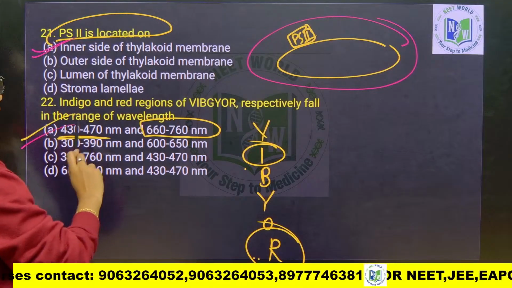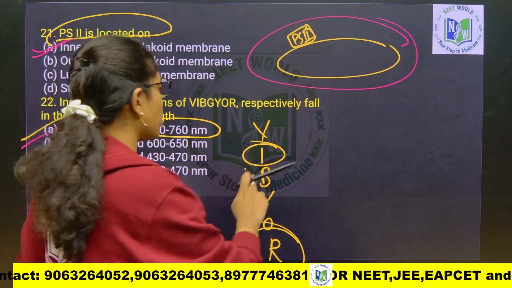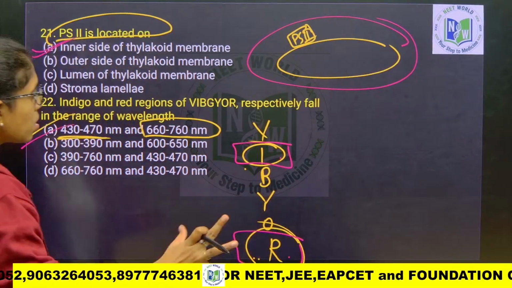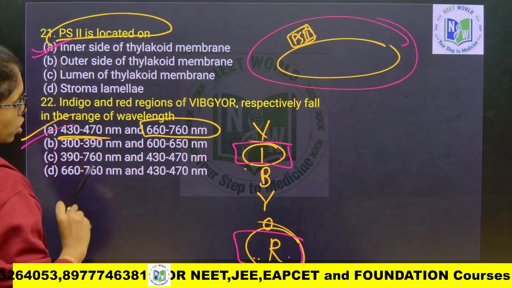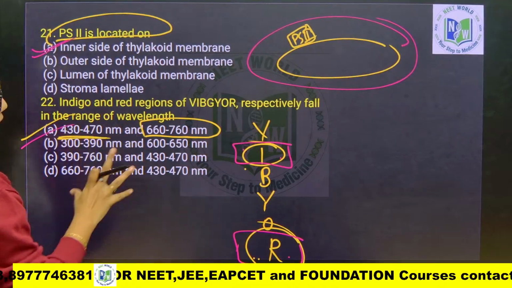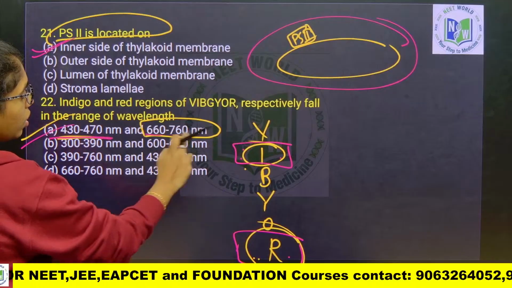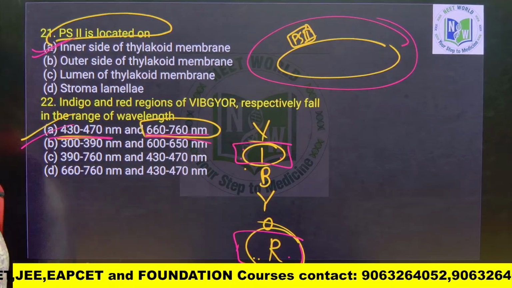So option A will be the correct answer. The range of wavelength of these two colors in the spectrum is 430 to 470 for indigo and 660 to 760 for red.